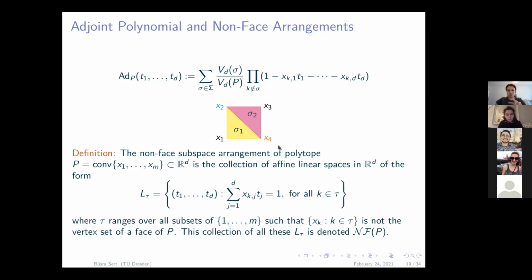For any different choice of triangulation, there will be another non-face, etc. Another point to note is that those linear forms are written by considering the entries of the vertices, so they depend on the position of the polytope.